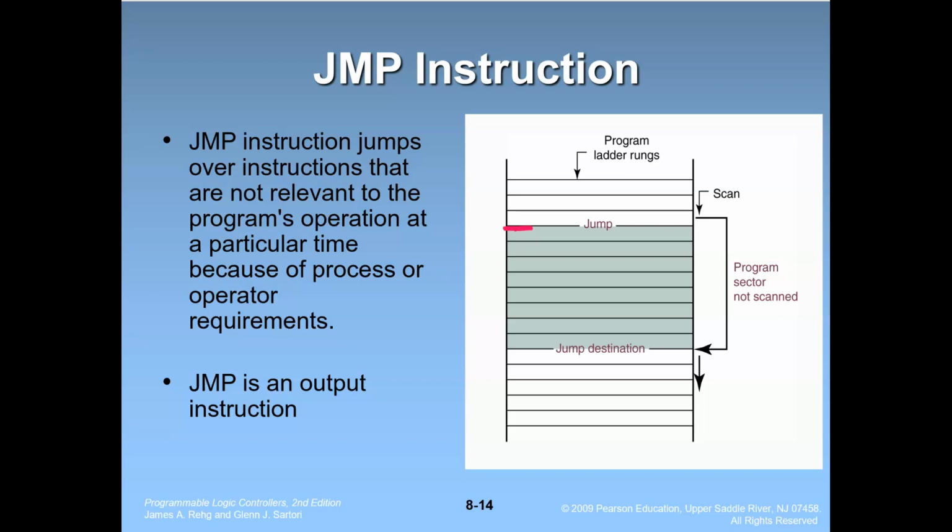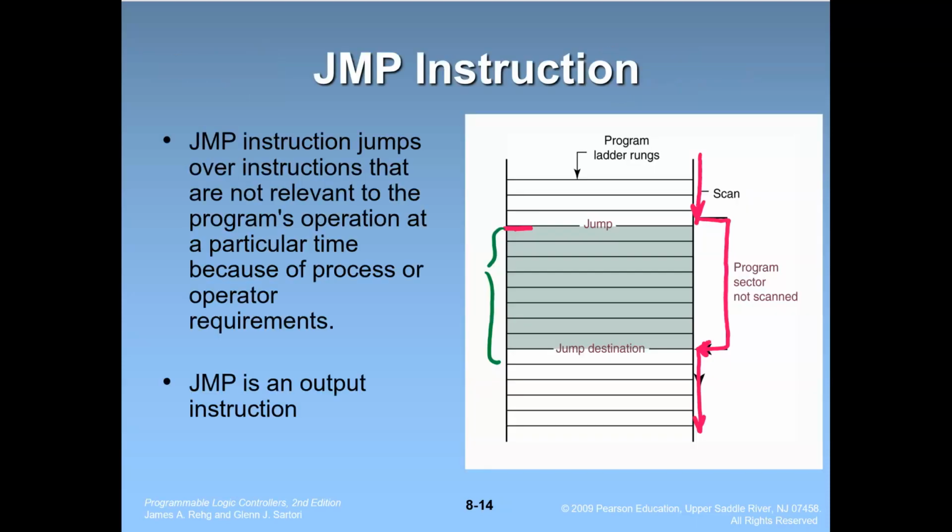The program will be executed from the beginning, and when it reaches a jump which is active, it will skip execution of the remaining program until it reaches the jump destination, and from the jump destination it will continue executing the program. So in a program like this, the portion that is shown here will not be executed.